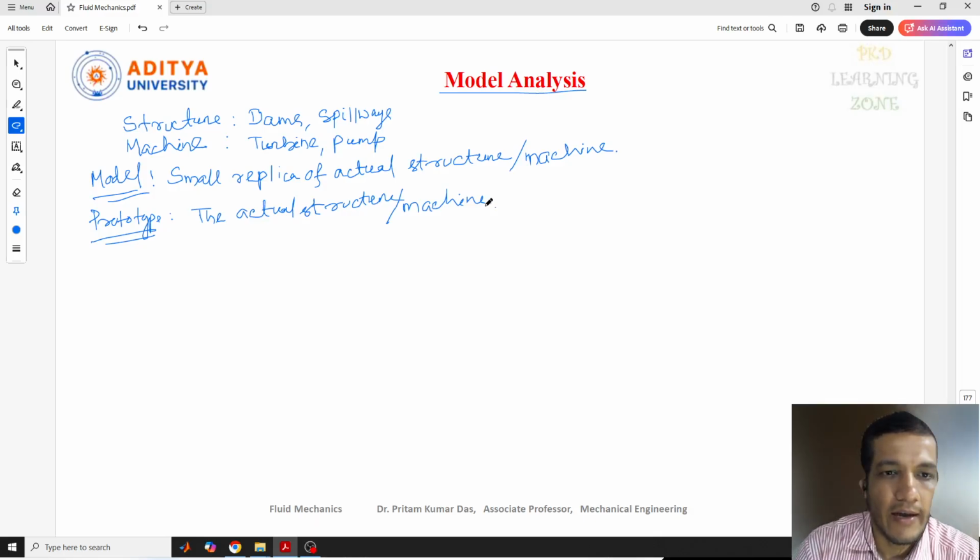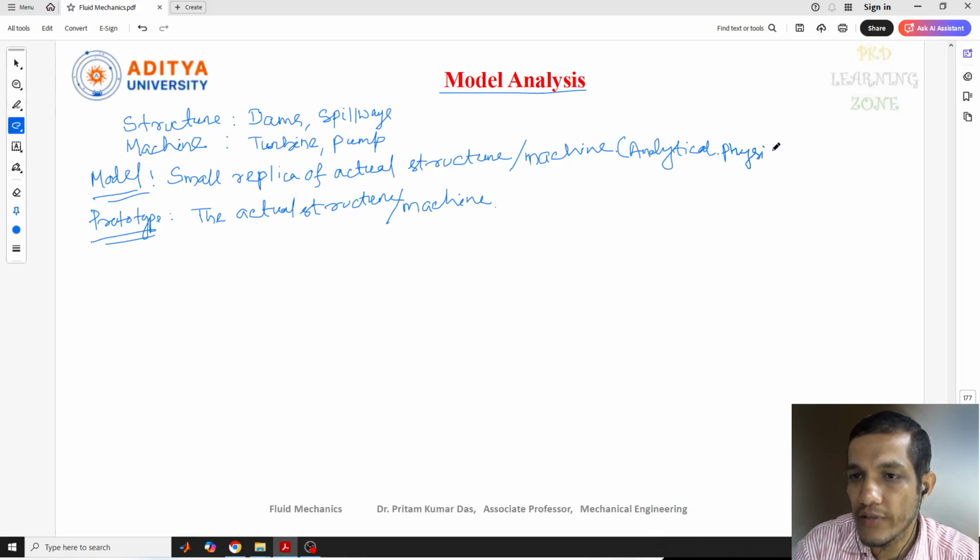Now here, one more point I can say is that a model can be like this. A model can be analytical, or I can say mathematical, or also a physical one, or we can say conceptual.